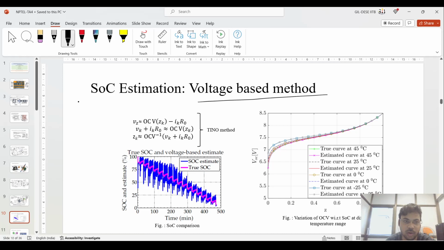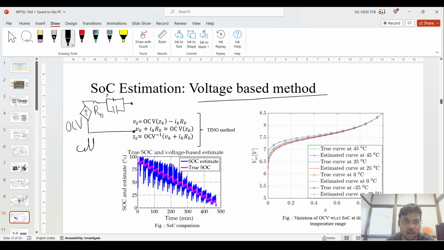Now the voltage based method. What is the basic definition of this? What is the basic structure of lithium ion cells? See this image. This is the basic model of the battery cell.